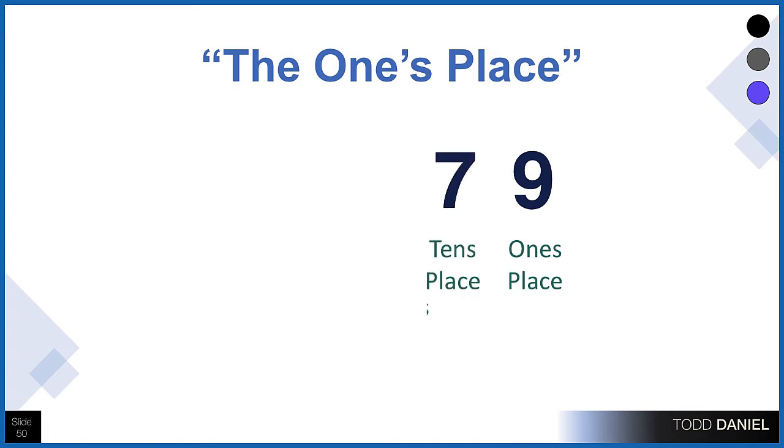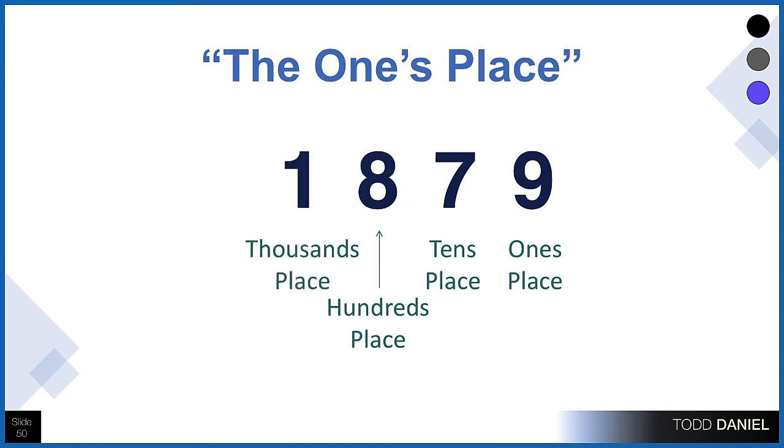I now have 79. 79 has a 7 in the tens place and a 9 in the ones place. Add a third value, like an 8, and this is 879. The 8 is in the hundreds, 7 is still in the tens, 9 is still in the ones place, and if I add another number, that's the thousands place.